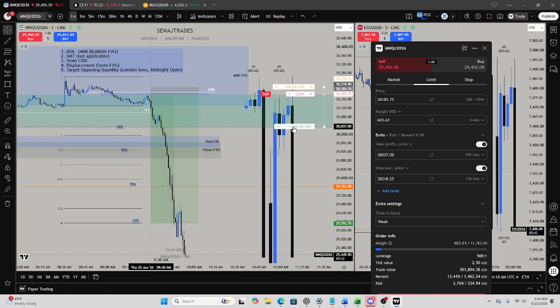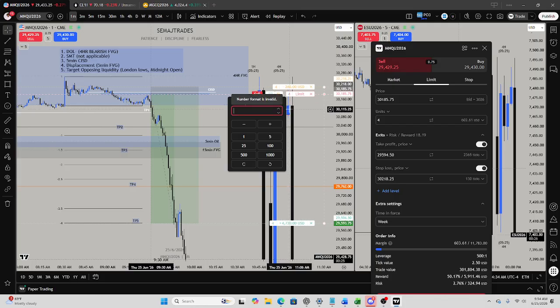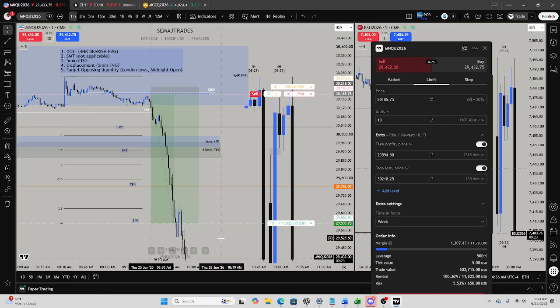Even at TP1, even right here at TP2, even at London low, you would have made a good 690. TP2 back at midnight price. TP3, like, I wonder what it would have been with 10. Look at that. Somebody eating.